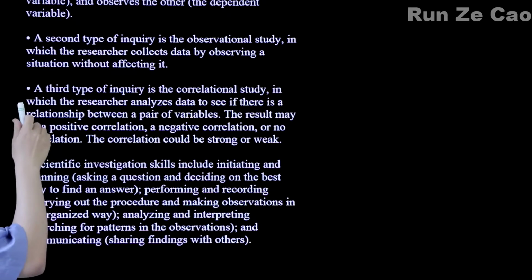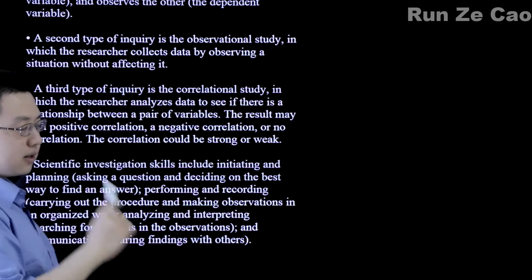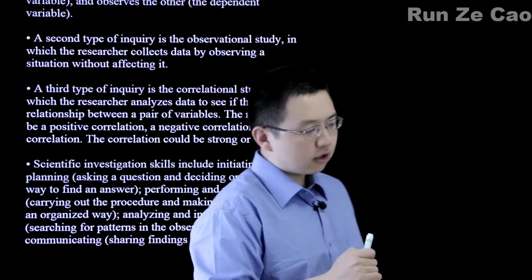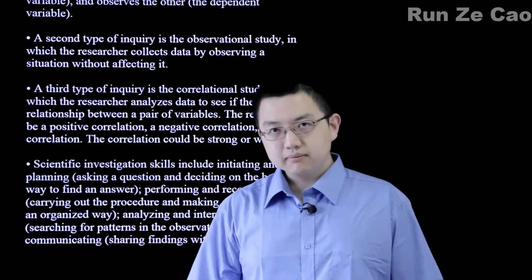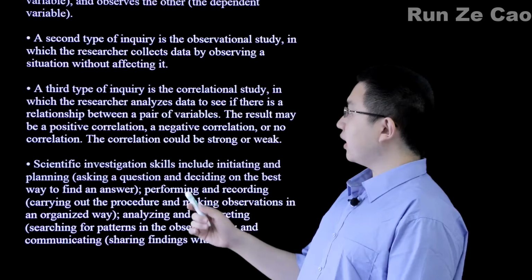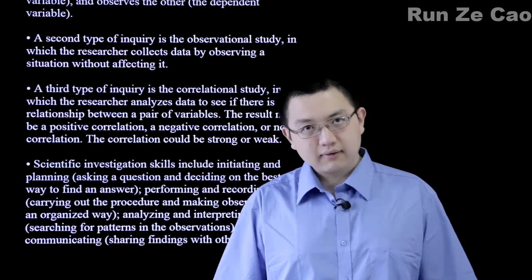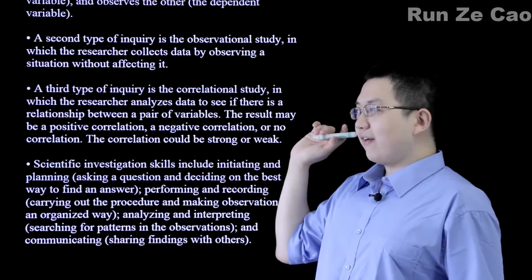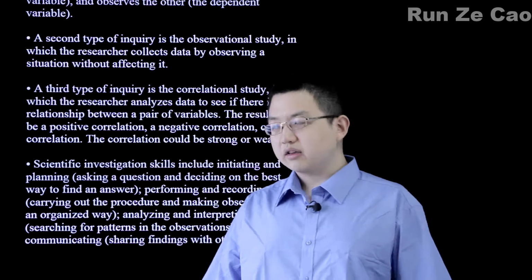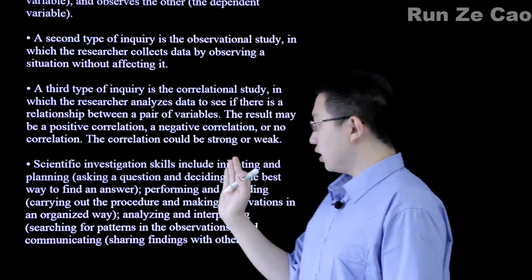Now, the third type of inquiry is a correlational study. Technically, this overlaps with both of the previous types, because I have done many controlled experiments, and in basically all of them I have to calculate for correlation to a certain expectation.